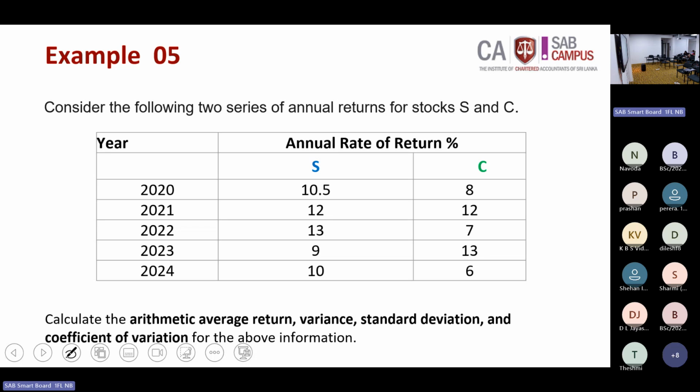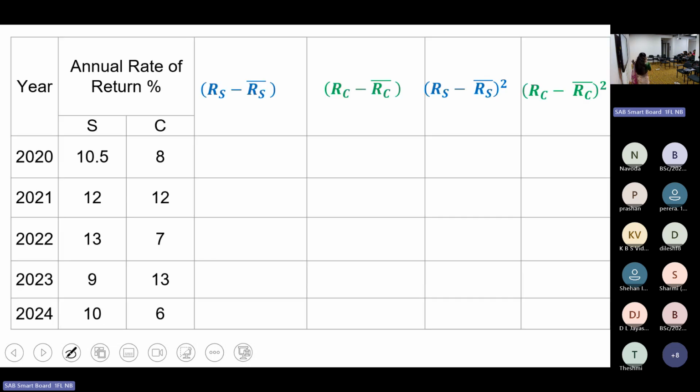Consider the following two securities, named S and C. Right, the security or share names are S and C. Past returns from 2020 to 2024 were given to you. Copy this table to your books. So this is what we are going to do.